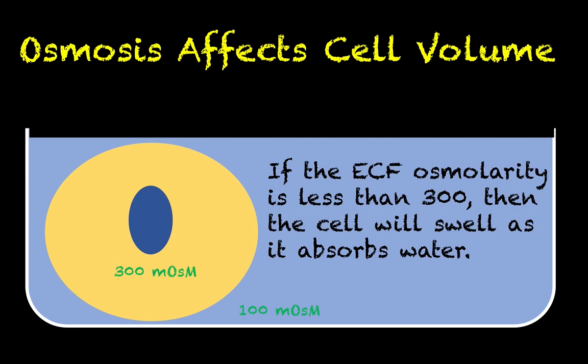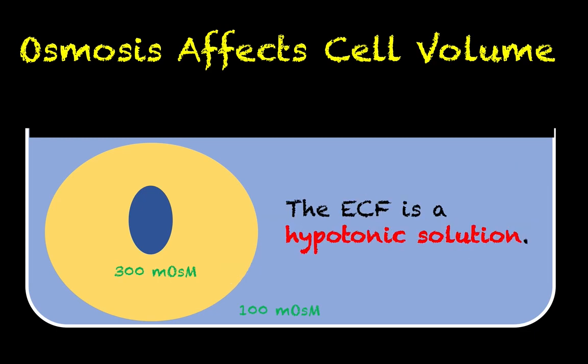If the ECF osmolarity is less than 300, in this case 100 milliosmolar, then the cell will swell as it absorbs water. In this case, water moves from low solute concentration to high solute concentration as we established before. So water is going to rush into the cell, and this is going to increase the volume of the intracellular fluid, and that is going to cause some problems. The extracellular fluid in this case, we would say, is hypotonic to the cell.